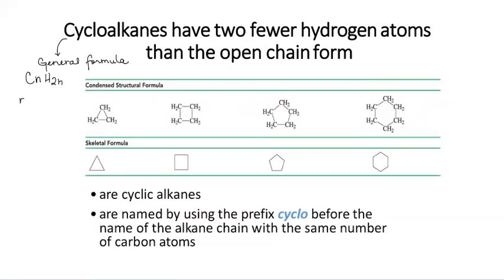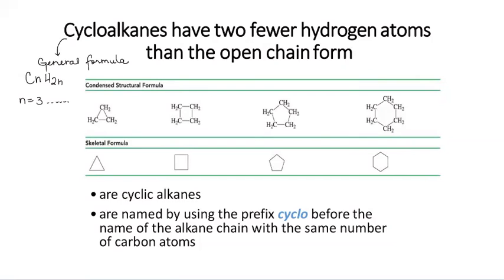Where n starts at 3 and then it continues onto any number of cyclic structures. Now, in the problems that I have in the in-class worksheet and some of the ones that we have here, we are going to have cyclic structures up to 10 carbon atoms in length.